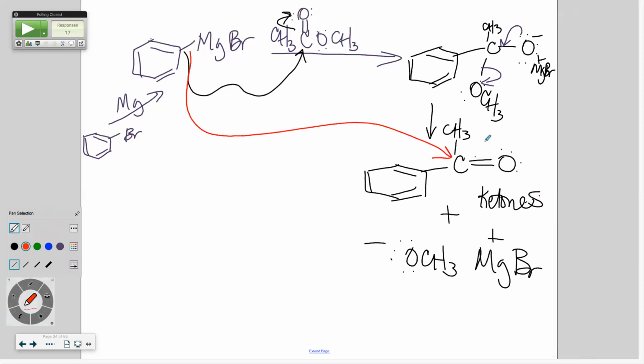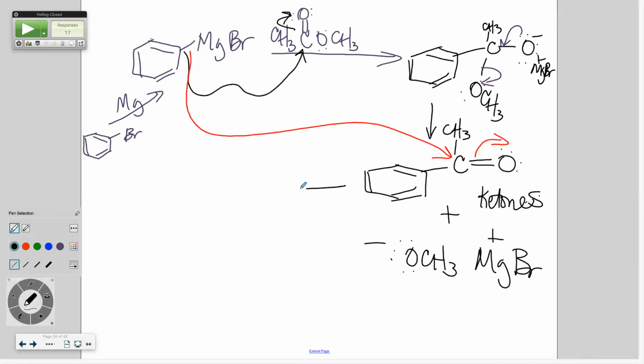And you can't say, stop, don't do that, because it's going to react, it's there. So you're going to end up using two equivalents of Grignard reagent. If you were to say, I'm just going to put in one and try to trick it, you will get mixtures of things that didn't react, things that reacted two times, and things that reacted one time, and it would be a mess. So that's why you just have to go with the flow and use two equivalents.